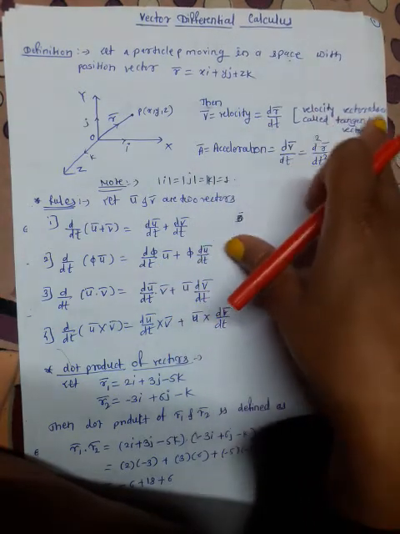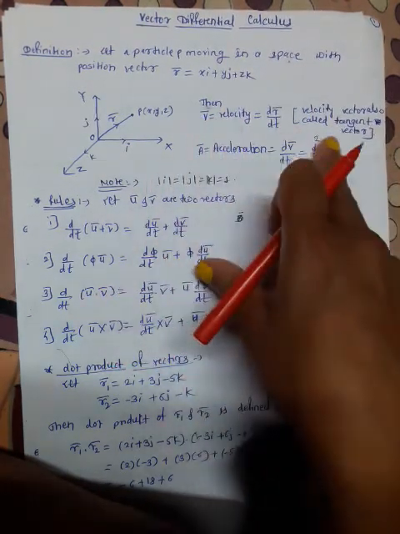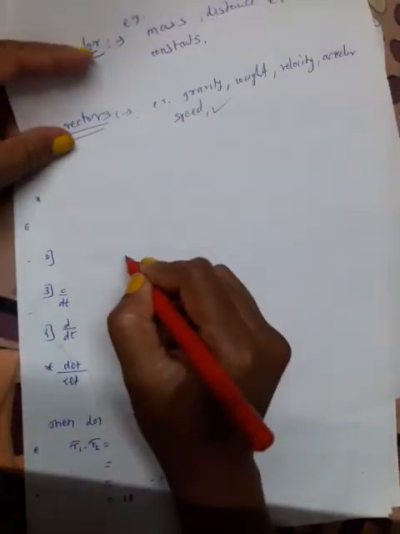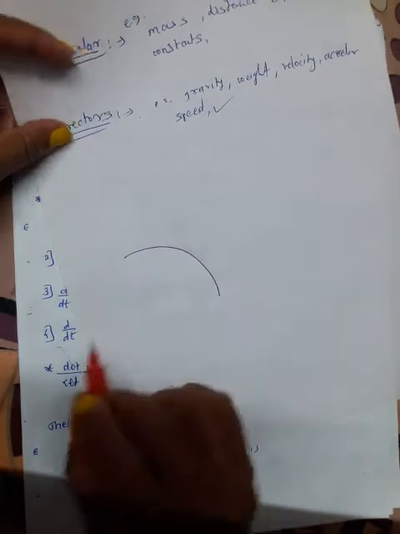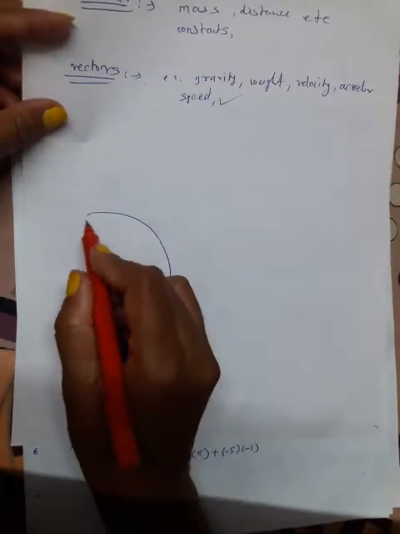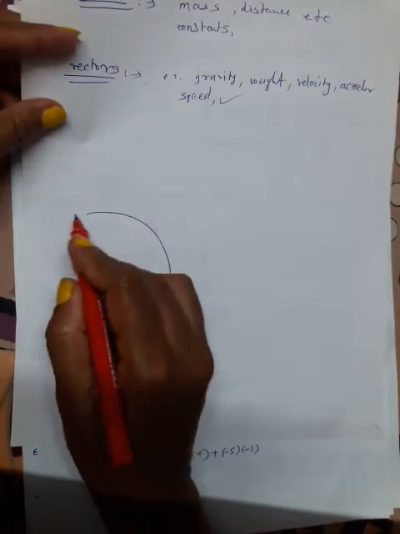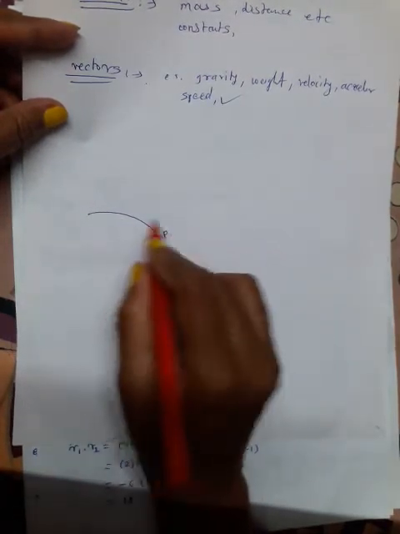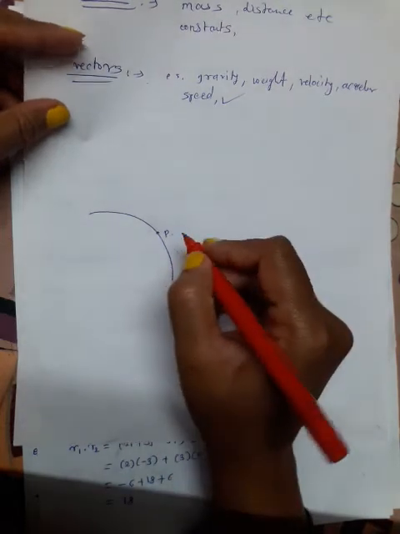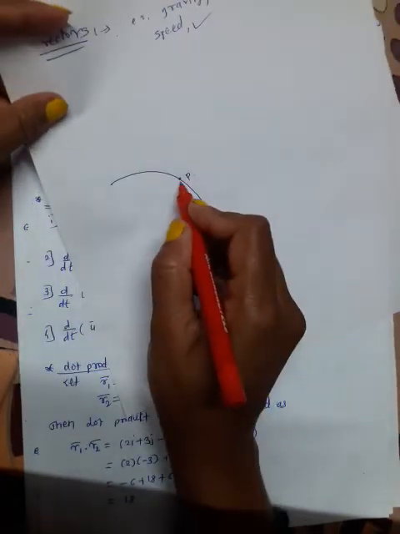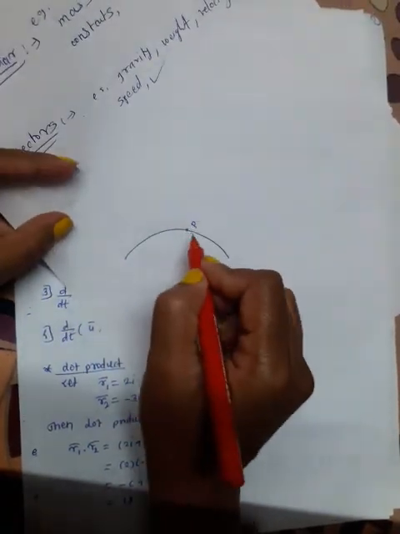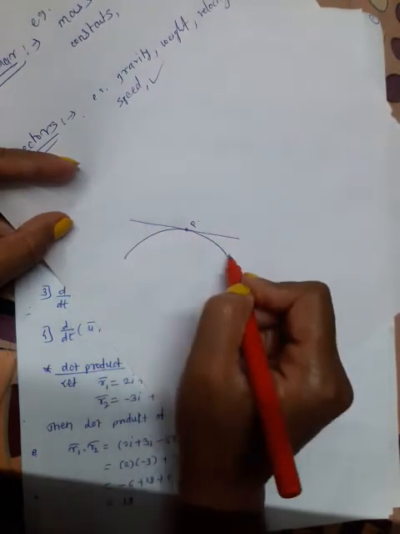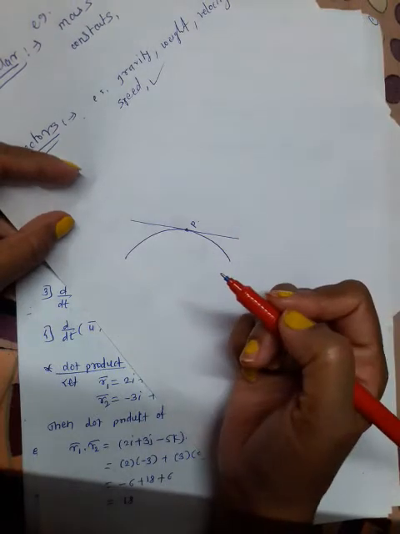The velocity vector is also called the tangent vector. What do you mean by tangent? Suppose this is the path of the point. The point P is traveling on this curve in a space. Suppose P is a point in a random position. Then the tangent at that particular position is the line which touches this curve at a single point.